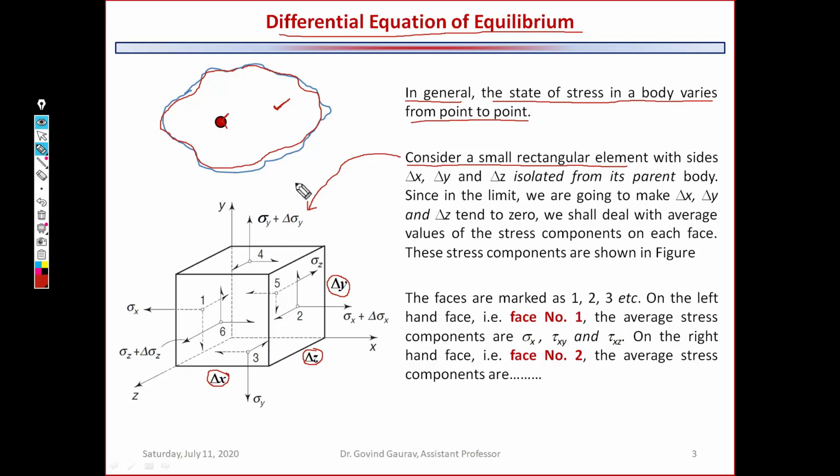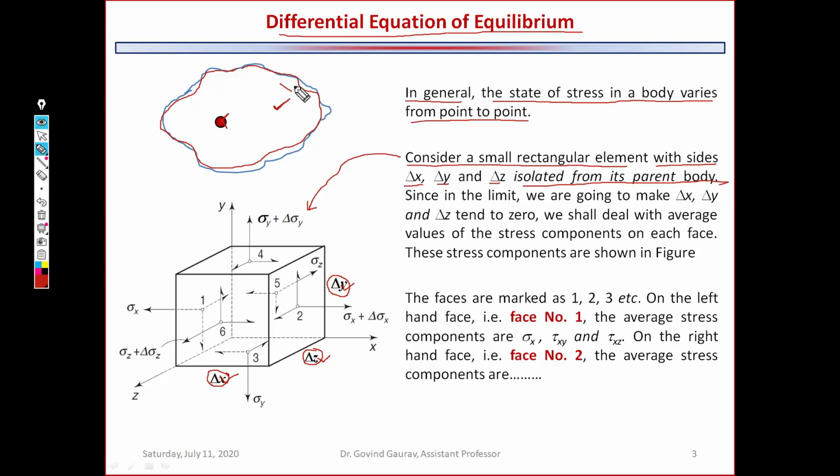So in order to achieve it, we consider an element such that delta x, delta y and delta z tend to 0. This rectangular element has the sides delta x, delta y, and delta z, the small size of a cubical element which is isolated from its parent body.